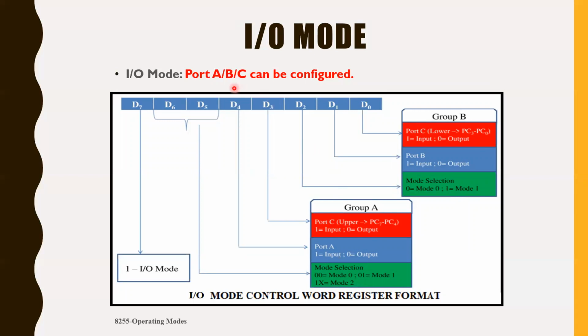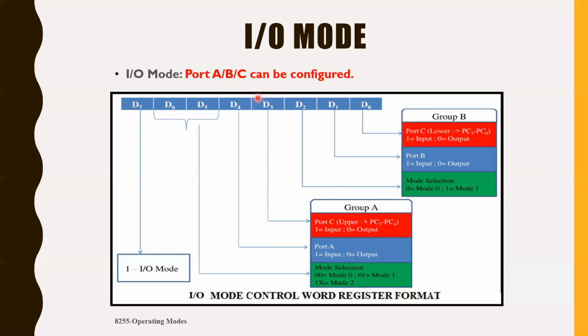Moving on to the next cell, that is D4. D4 is used to signify port A, as in whether port A is behaving as an input port or an output port. If this particular cell contains the 1 value, it indicates port A is behaving as an input port, and if it is 0, then port A is acting as the output port.